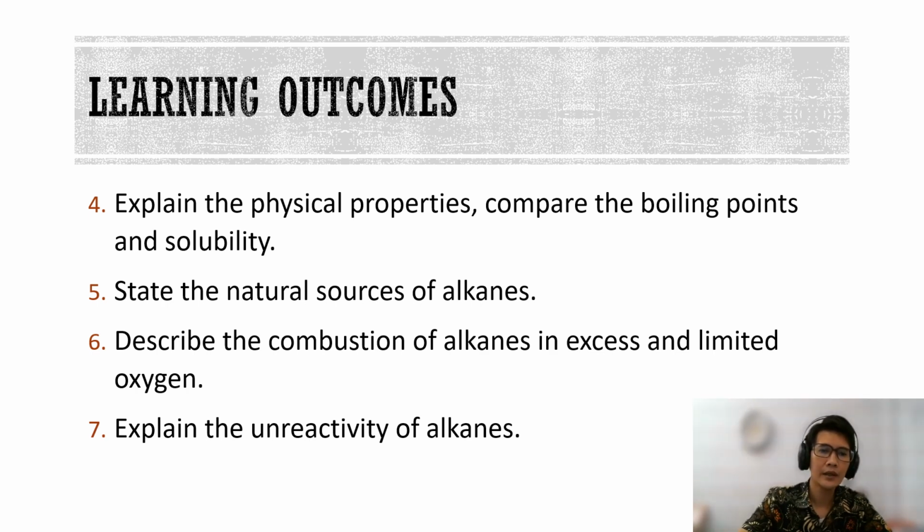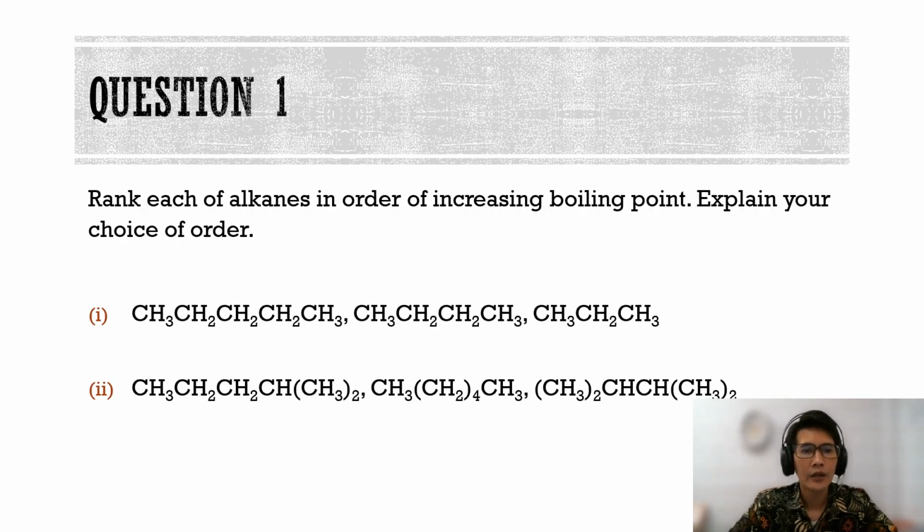Alright, so let's go for the first question. Rank each of the alkenes in order of increasing boiling point. Explain your choice of order. So here you can see that there are two situations. For the first question, there are different lengths of the alkenes.